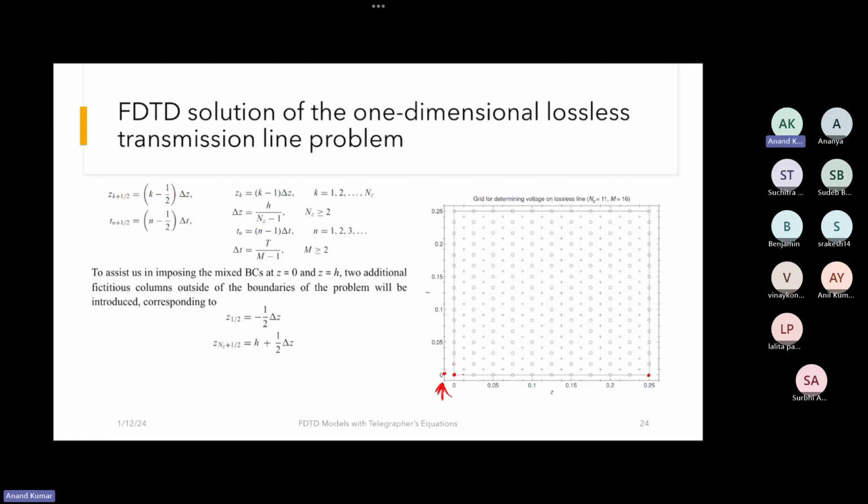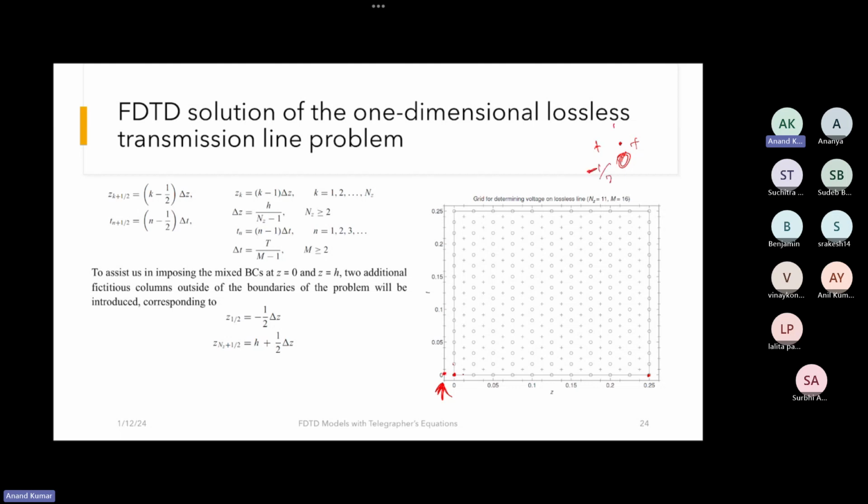Sorry about that. Since we have seen that in explicit methods, we evaluate the electric field or magnetic field or voltage and current values based on the previous values and the next values. For example, if you're trying to solve at the 0th position, you will need the value at minus half.